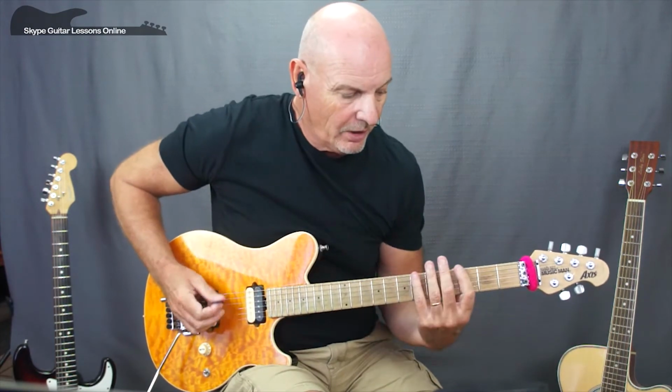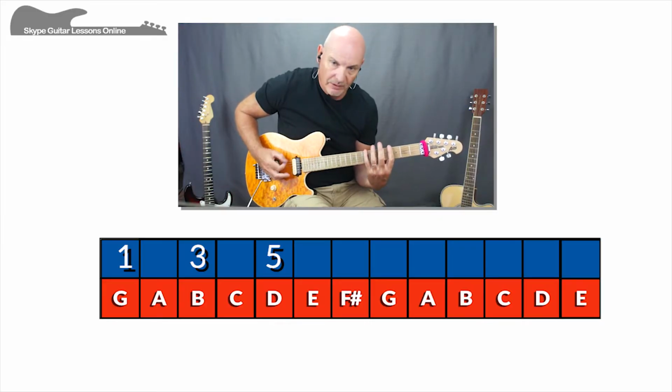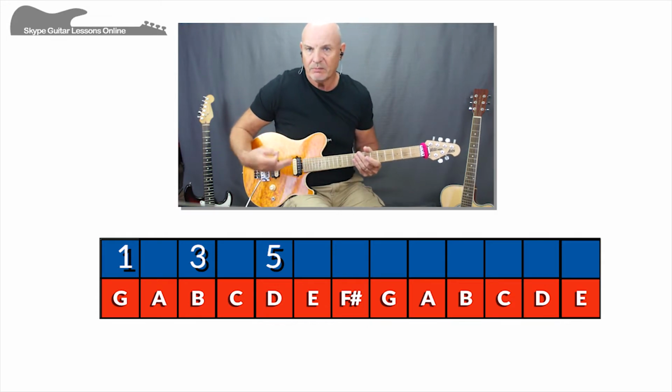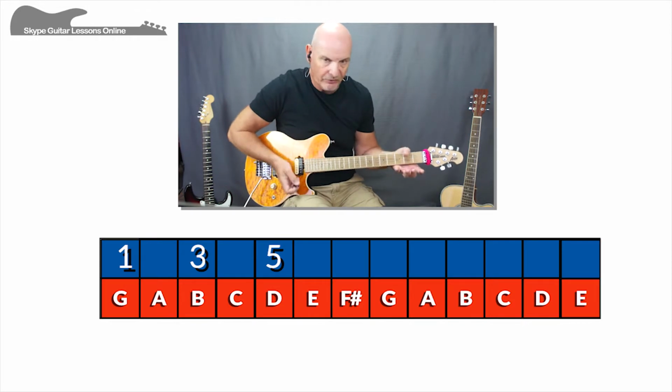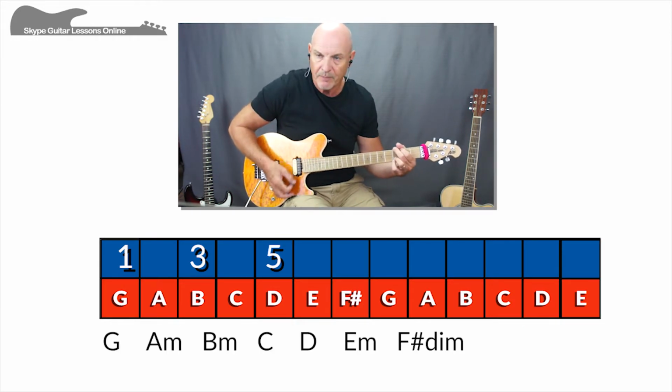So our G has this root, major third, and a perfect fifth, which tells us it is a major chord. The first chord is G major.